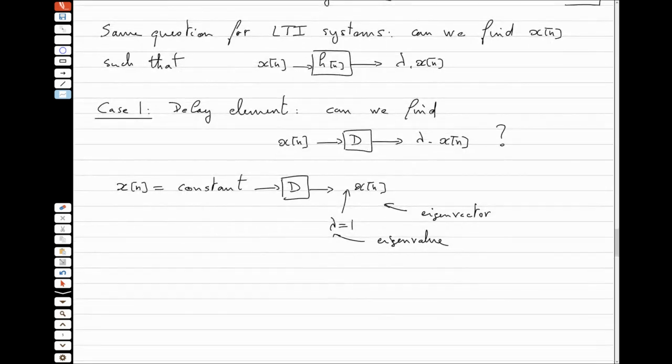All right, now I have a harder question. Can we find an eigenvector of eigenvalue lambda different from 1?